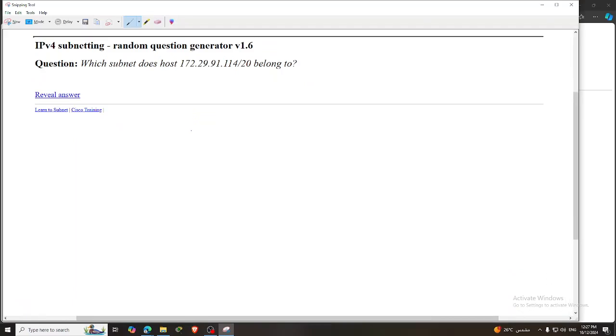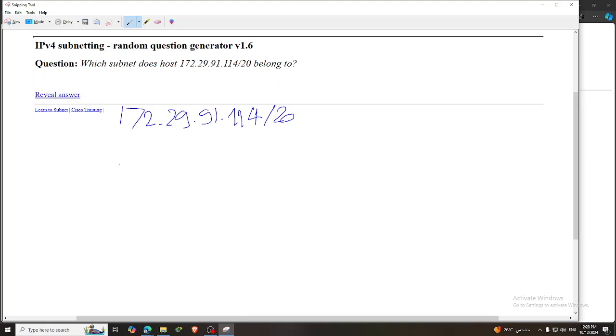So first of all, our subnet is 172.29.91.114/20. To be able to solve this question, we will have to write the binary of this IPv4 address.